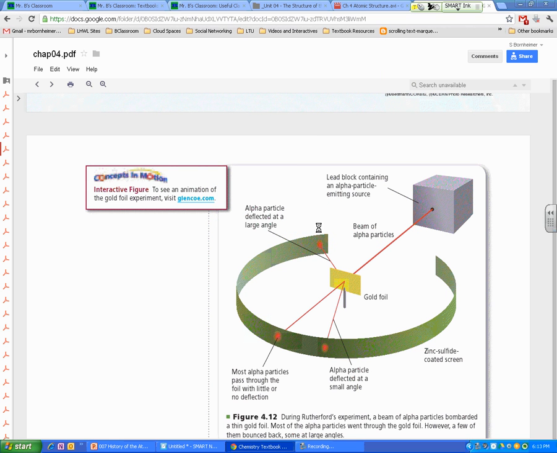It's this one right here that caused alarm. No particles should have hit anything even remotely strong enough to deflect it backwards. It was this particle and many others like it that allowed Rutherford to hypothesize that there had to be a dense region of positive charge that deflected the alpha particles.